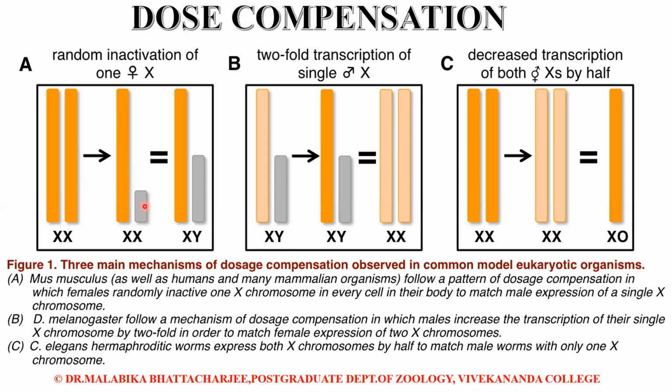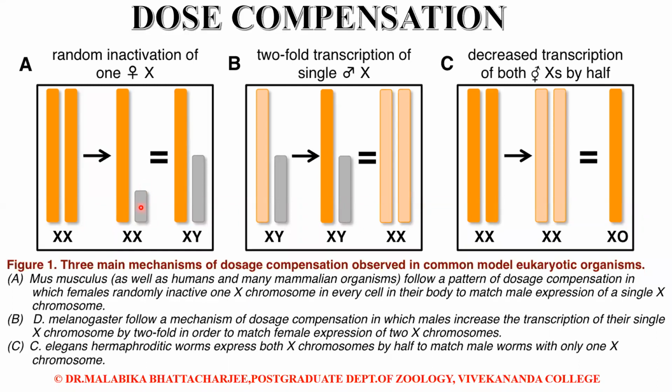Here this one has been shown to be inactivated to match the expression of the X chromosome in the males. So it is this X chromosome being expressed in case of females, and it is this X chromosome that is being expressed in case of males. But mind it, this X is inactivated, not degraded.